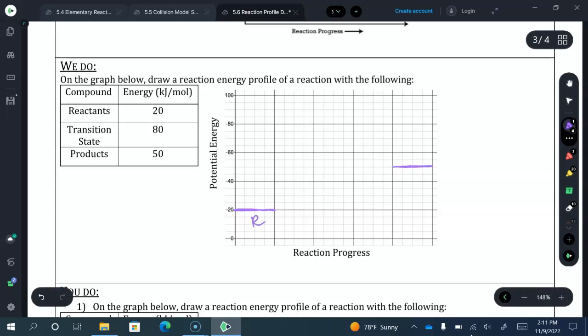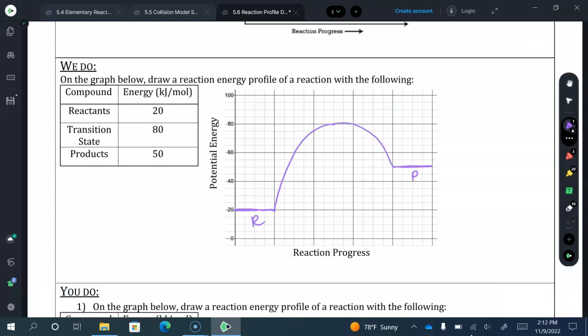So my reactants and my products, and then my transition state, it says, is at 80, so about halfway, I'm going to make sure my hill peaks at 80. So then I just connect them. Cool? And that is all you do, where this is 20, this is 80, and this is 50.